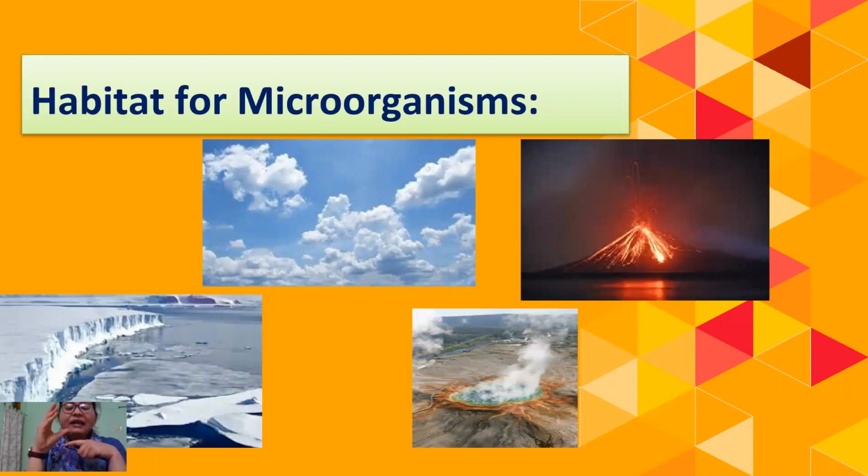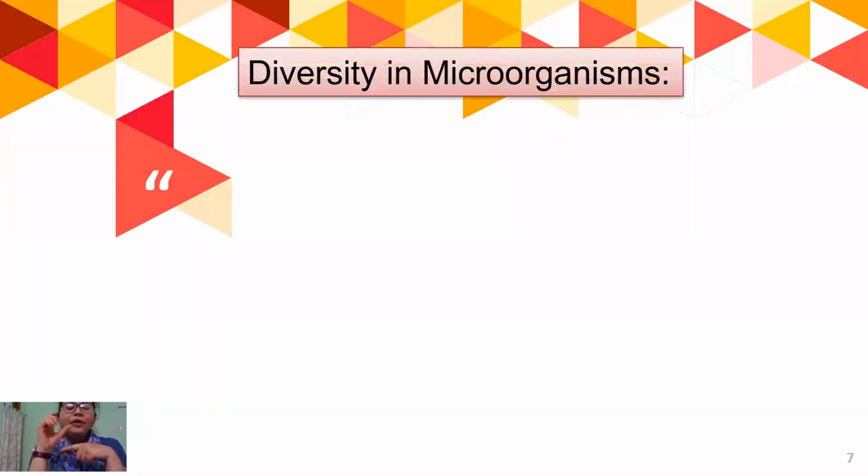It means that even in those environmental conditions where other living organisms cannot survive, microorganisms are present. So we can conclude that microorganisms are present at each and every place. Now, if we're talking about the diversity in microorganisms, that means what are the different types of microorganisms.